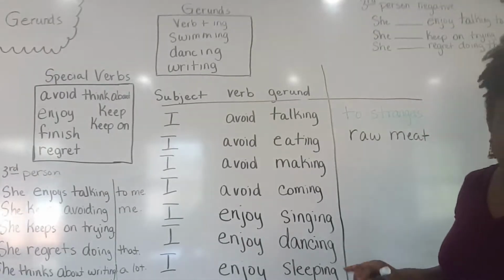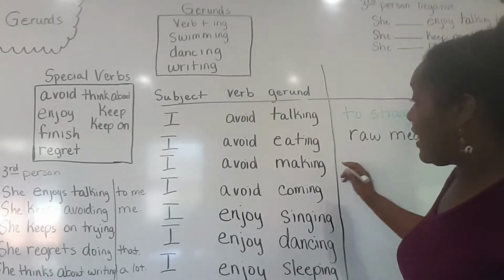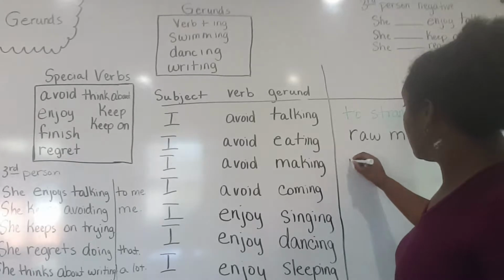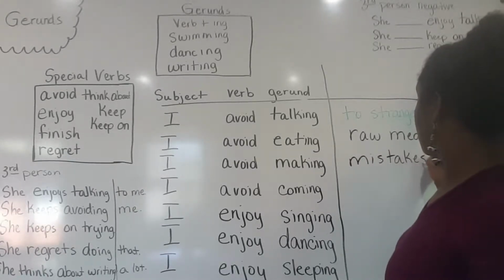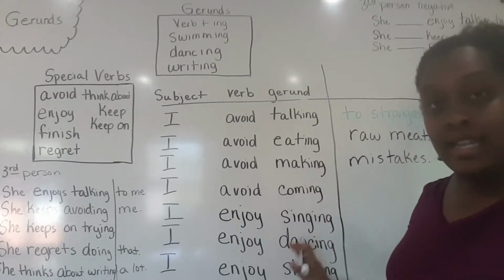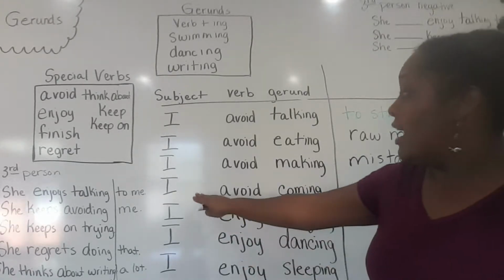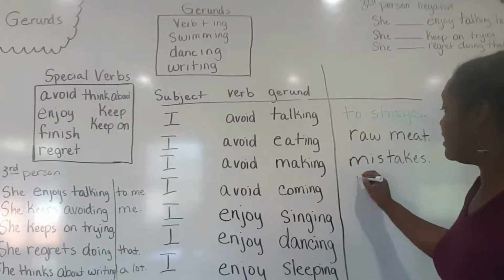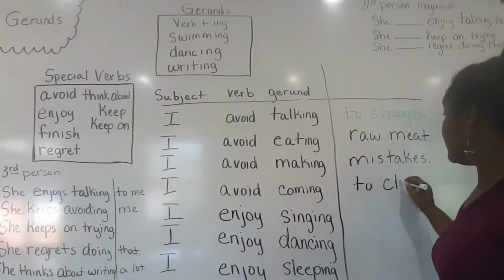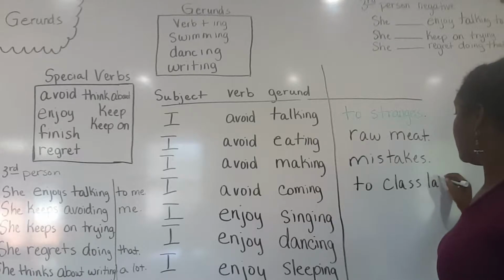I avoid making mistakes. So some sentences will need to be completed. I avoid coming. Again, it needs a completion. I avoid coming to class late.